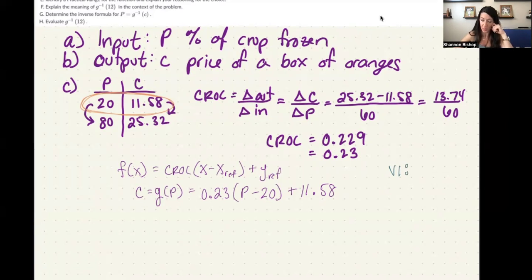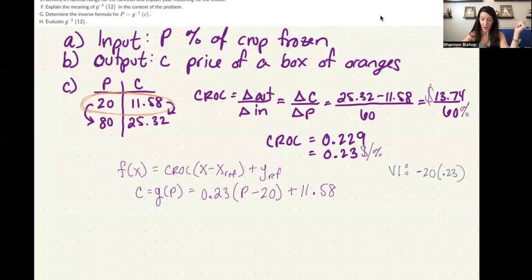So you can imagine going backwards 20 units in order to figure out the change in X necessary to get from 20 to 0, which is negative 20, times, of course, the rate of change. The rate of change tells us that the price goes up that many dollars per percentage. Those are the units, dollars per percentage point. So for every single percent, the price goes up 23 cents.